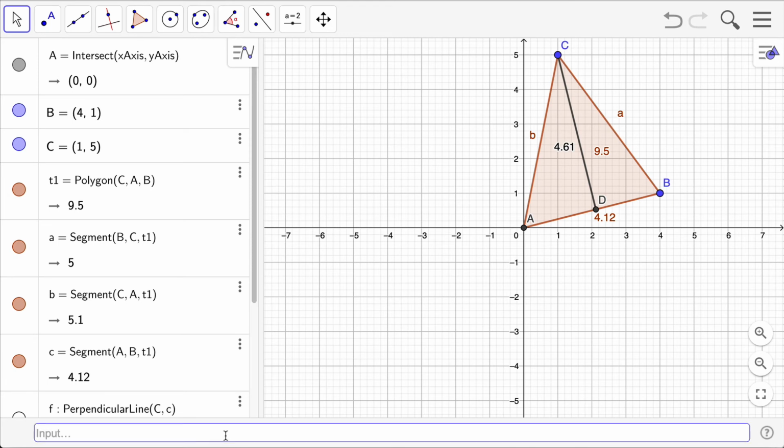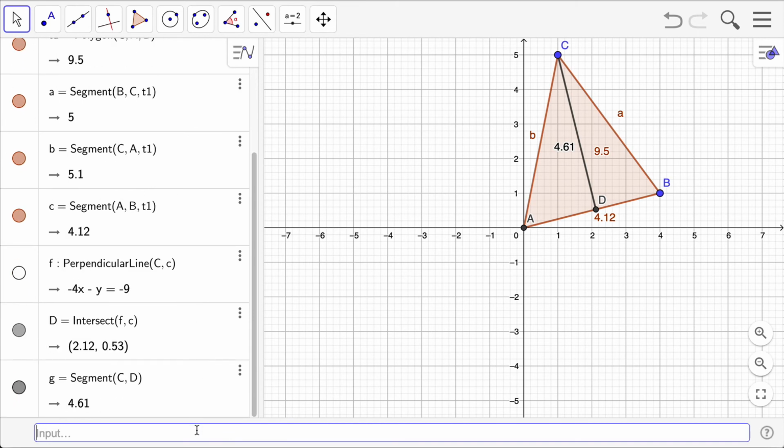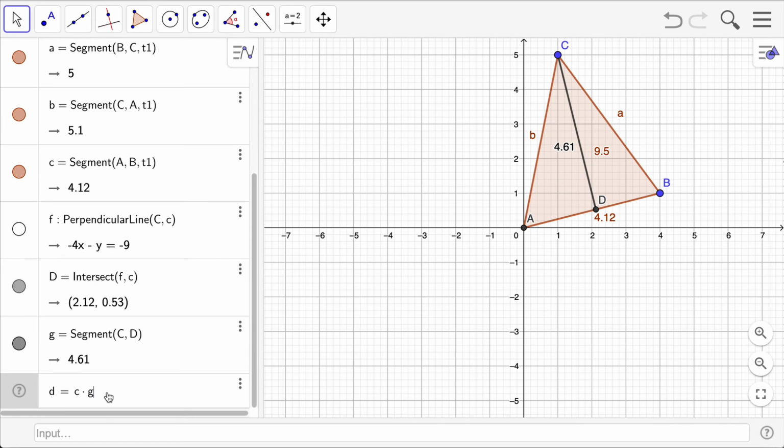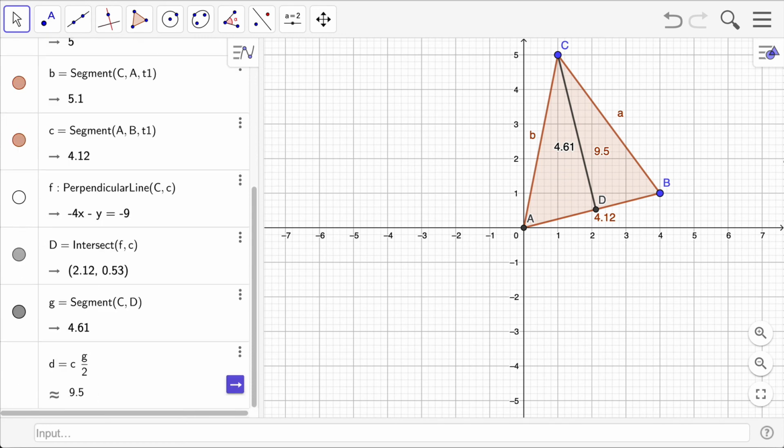Let's see if I can, I don't know if this works. C times G. Does that give me a number? It does, 19. And so that was wrong because I forgot about the 1/2, right? There we go, approximately 9.5.